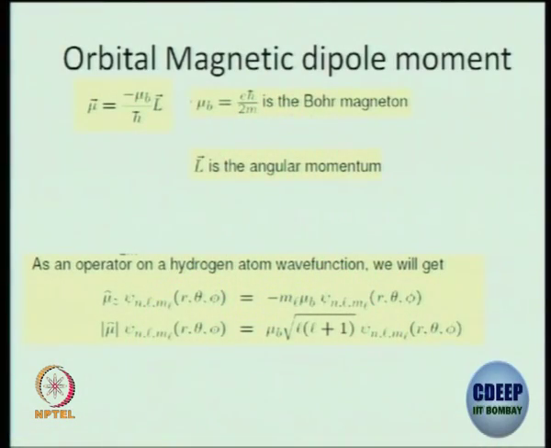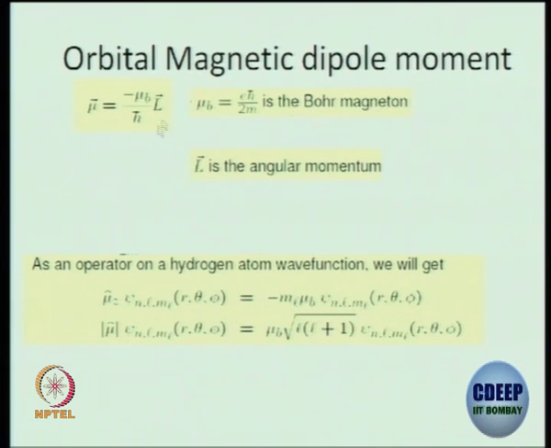Suppose I take the z component of this magnetic dipole moment operator and act on this wave function, it will be an eigenstate or not an eigenstate? Going to be an eigenstate. h cross cancels, you have a minus ml mu B. Similarly, the magnitude of the mu vector, you can do mu dot mu.